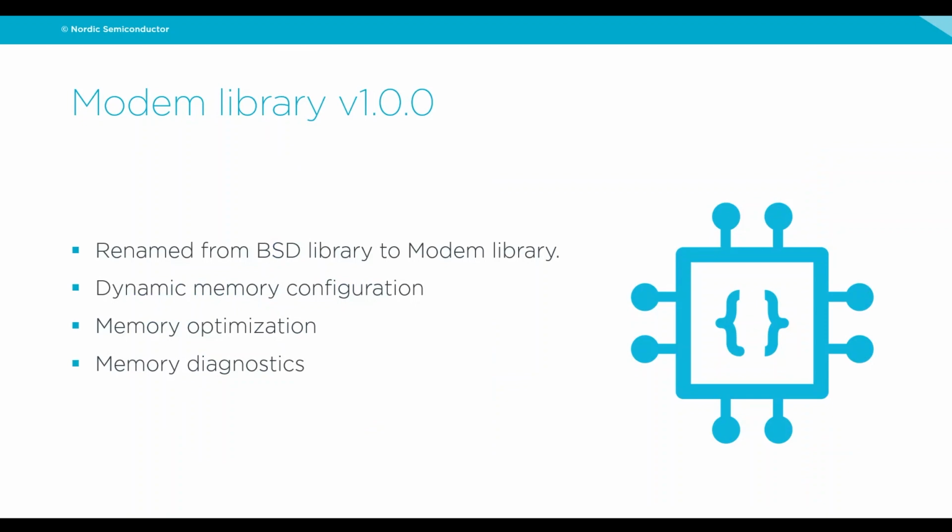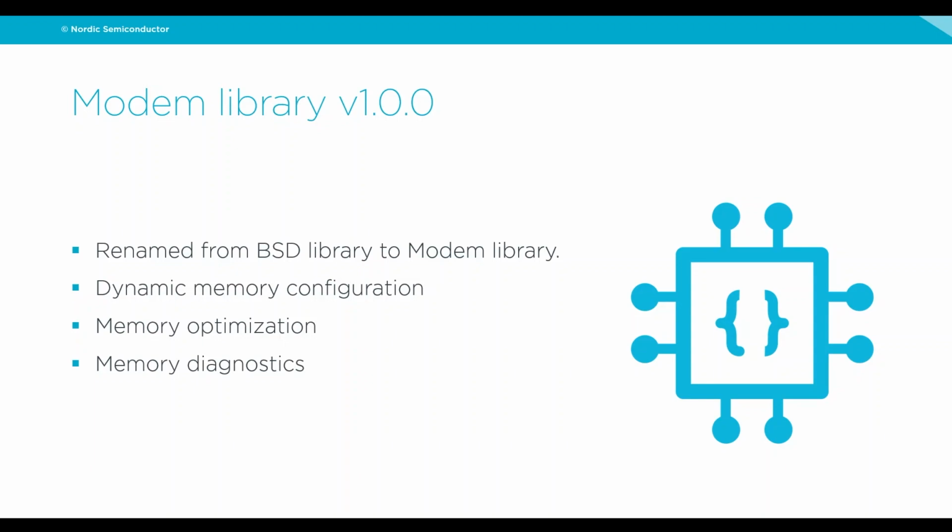Then over to the nRF Connect SDK version 1.5.0 updates. First out, we have the modem library. Briefly mention that this library was previously called BSD library. It has been renamed. The BSD library had a fixed memory configuration. The new modem library has dynamically configurable memory and buffers.